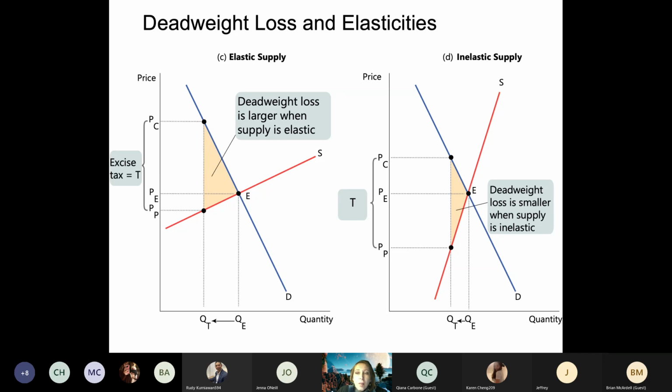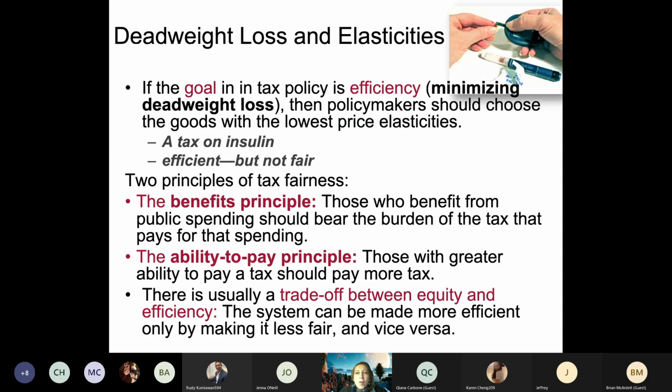So again, a better tax is put in the second case, case D, where we have less elastic demand and supply. So the ideal tax is put on a market with inelastic supply and demand, where the market is not going to be affected that much.